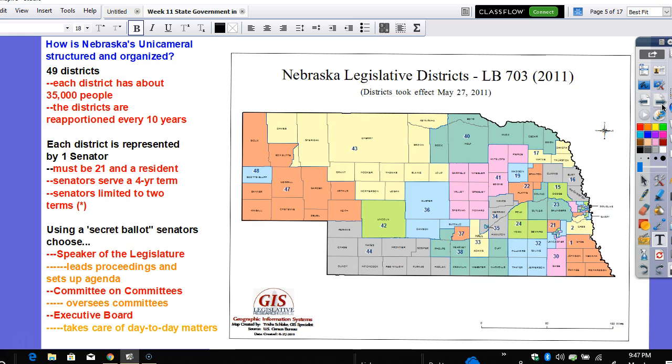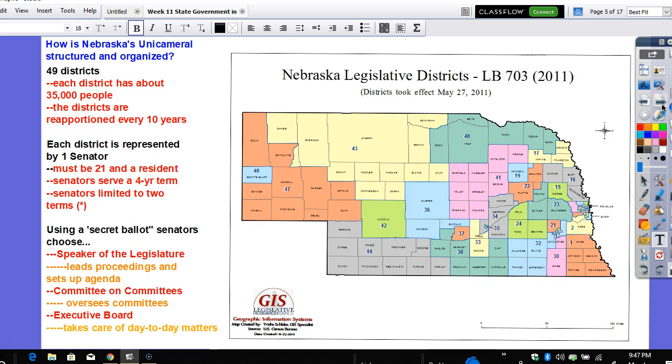The Speaker of the Legislature is basically like the Speaker of the House. The Speaker leads proceedings and sets up the daily agenda.